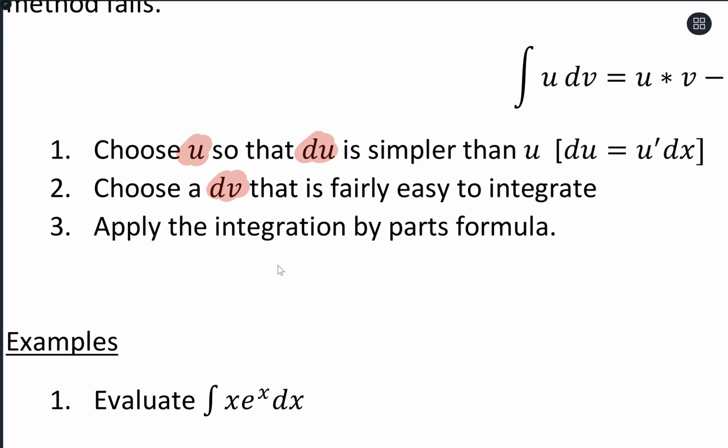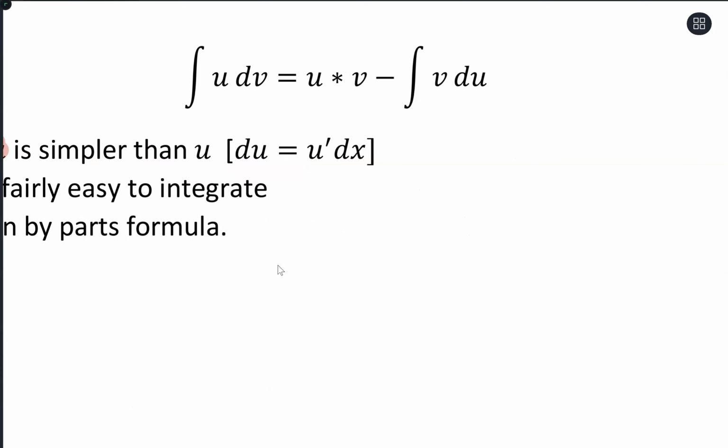Then from there we apply this formula: the antiderivative of u dv is equal to u times v minus the antiderivative of v du, which might look like a bunch of gibberish at this point, which is fine. We'll see how we end up applying it.